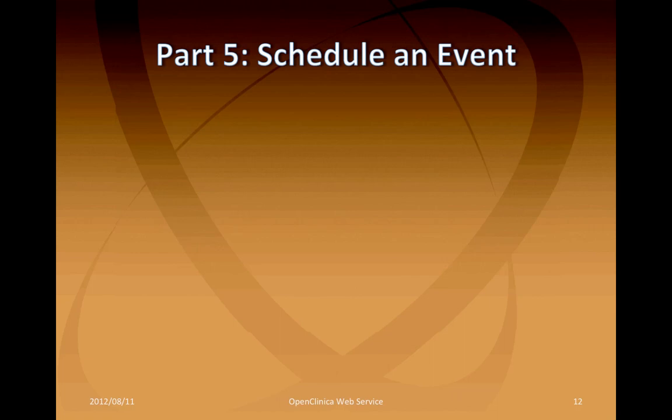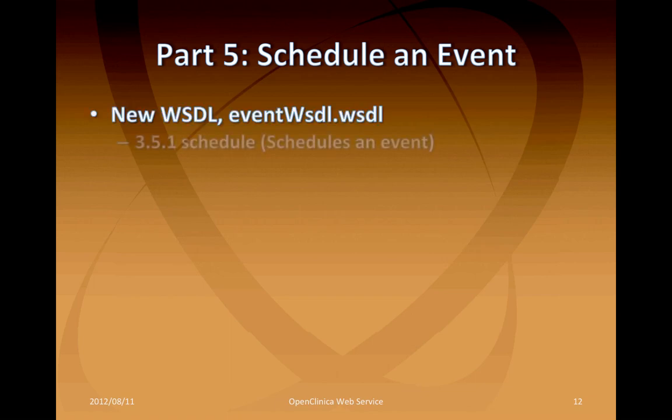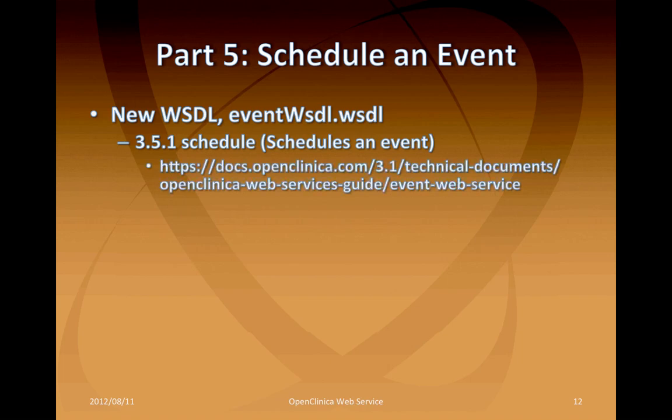Schedule an event. This is the last part of the third screencast on OpenClinica Web Services. Up until now, we were using the study subject WSDL. Now we are moving on to a new one, which is the event WSDL. Make sure you open the event WSDL in your browser, where you will be copying the WSDL location for SOAP UI.